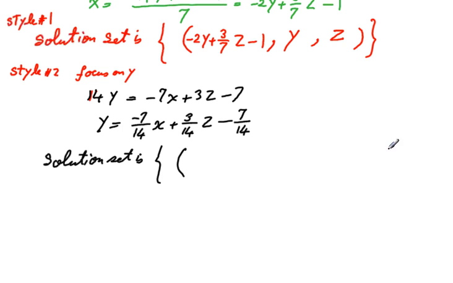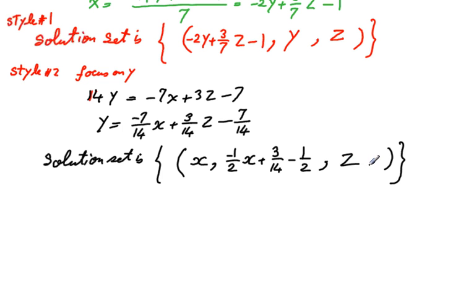What's the very first element of this solution set? It is x. X is just x. Who's y? Y is this guy, which we can clean up a little bit: minus 7/14 of x, 3/14 of z, minus 1/2. How about z? Z is just z. Okay?